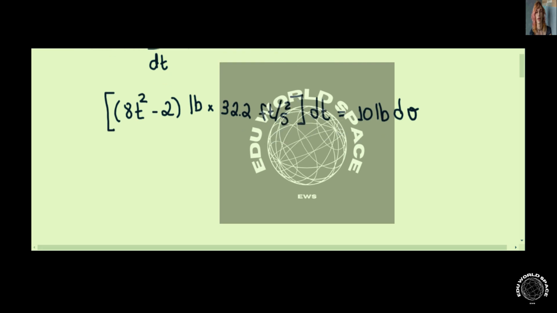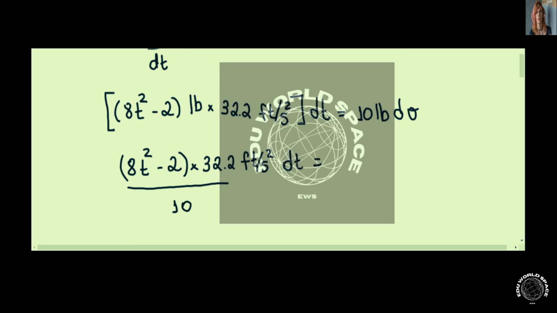So I'm going to divide both sides by 10 pounds. So we're left with 8t squared minus 2 times 32.2 feet per second squared divided by 10, dt is equal to dv.